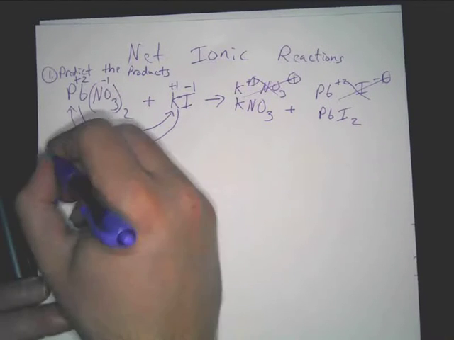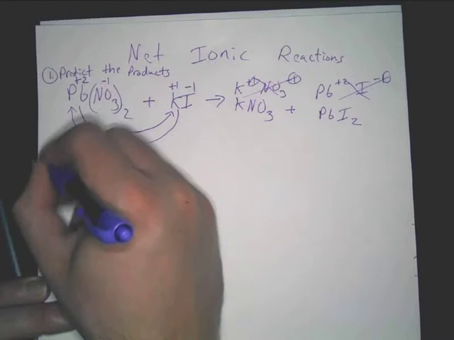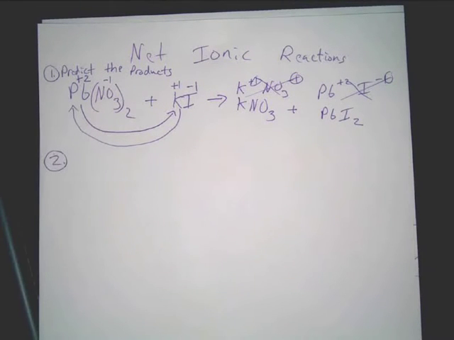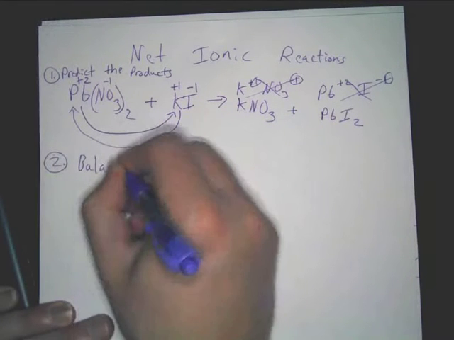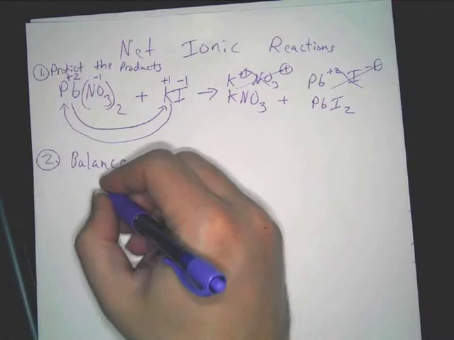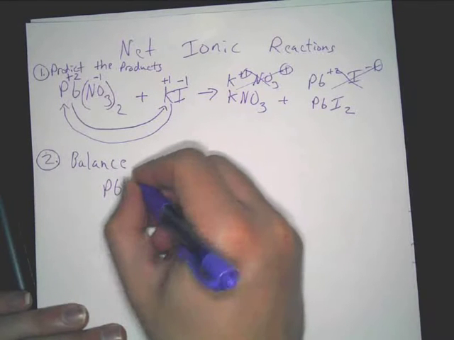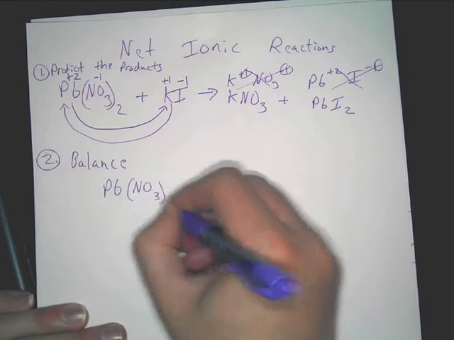So, step 2. First, any questions on step 1? All right. Step 2, balance. Now, I'm going to rewrite it here just so you can have a nice clean one to see, because it's always better that way.